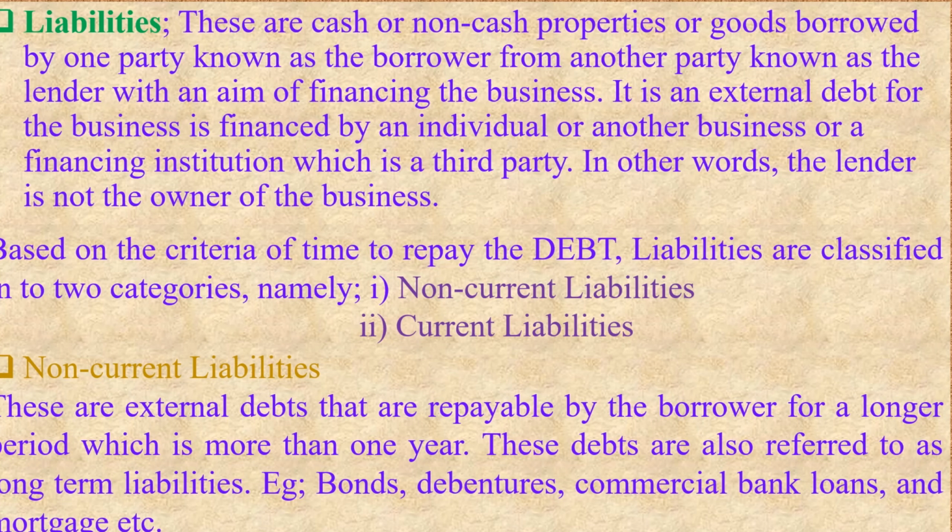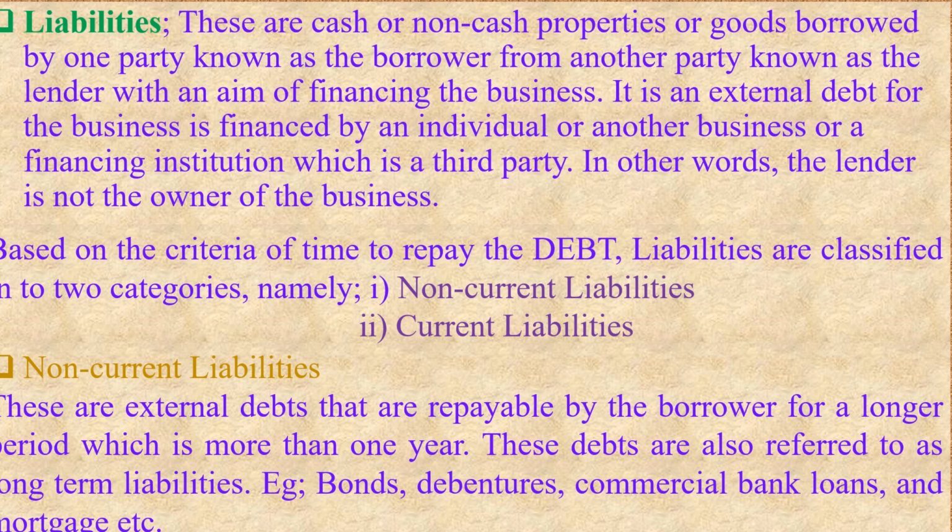Let's go to the case of non-current liabilities. What is this? Now, these are external debts that are repayable by the borrower over a longer period of time, which is more than 1 year. These debts are also referred to as long-term liabilities. Why? Because the repayment period is usually more than 1 year.